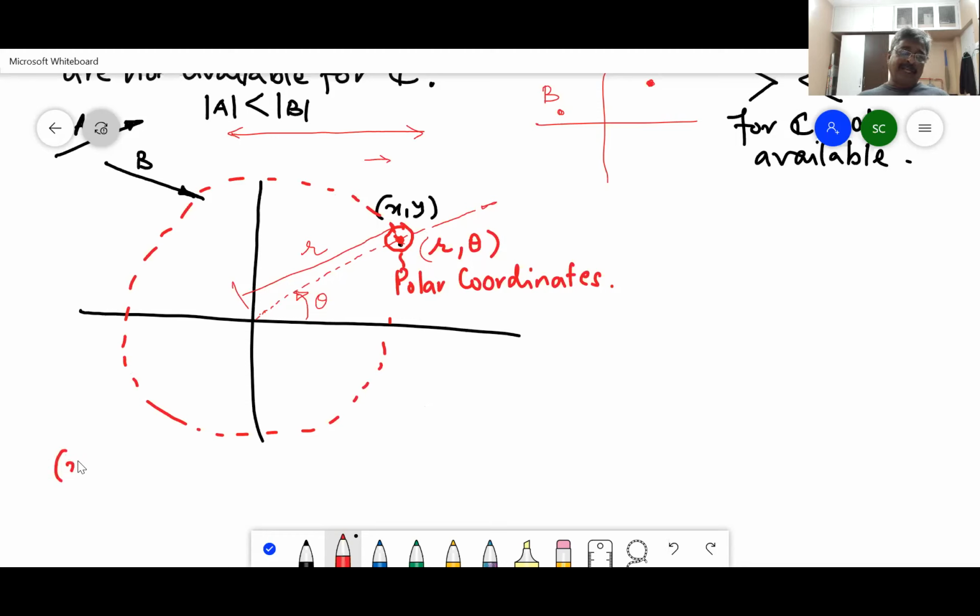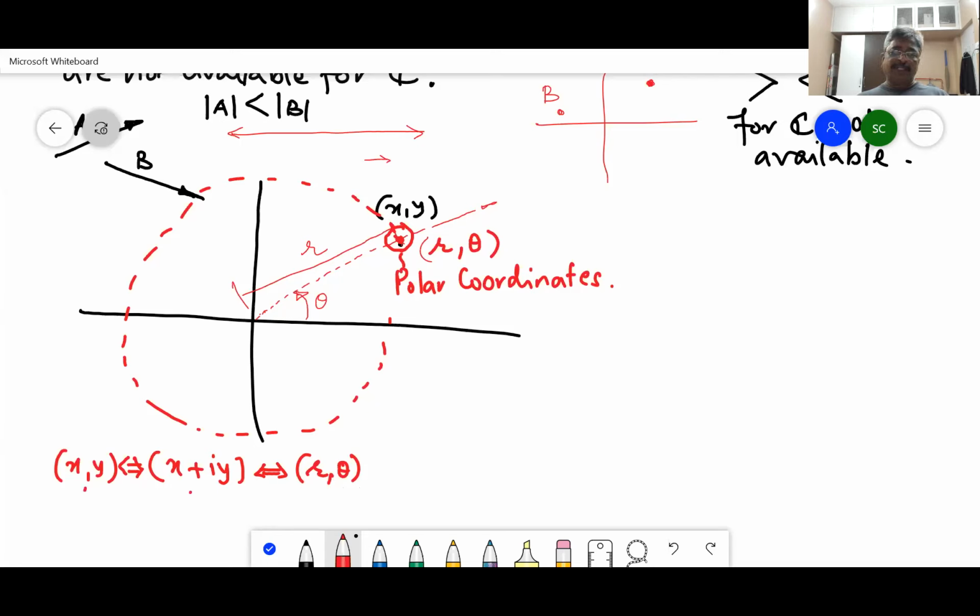I will say x comma y, that is x plus iy, is exactly equivalent to r comma theta. Then I should be able to jump from one place to the other.